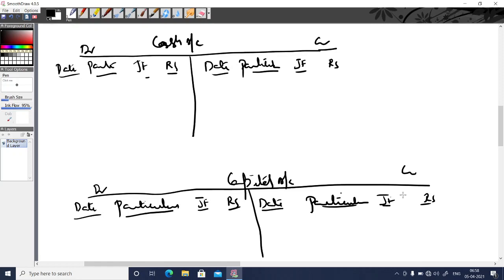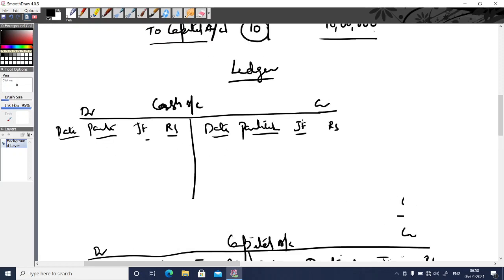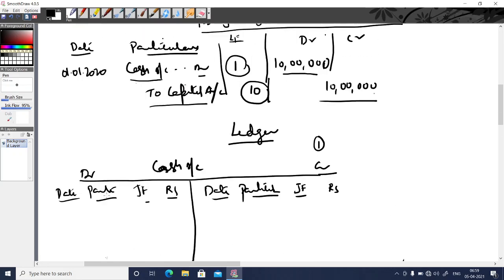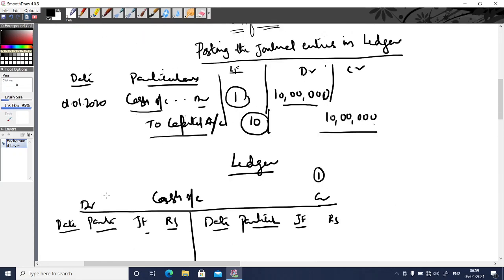This cash account is in page number 1 of the ledger, and this capital account is in page number 10 of the ledger. Okay, so how do I post this entry now?